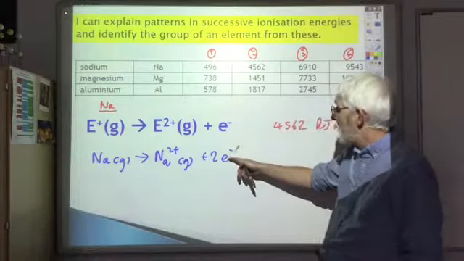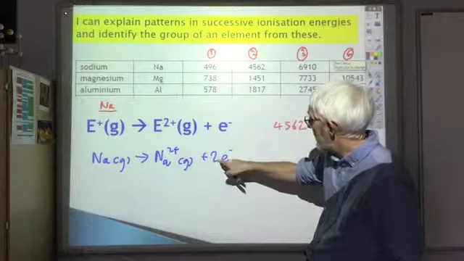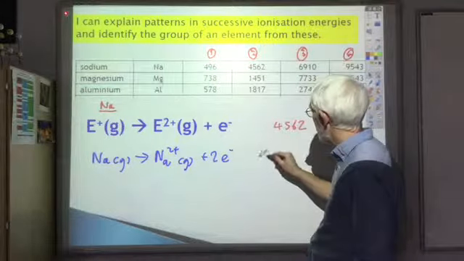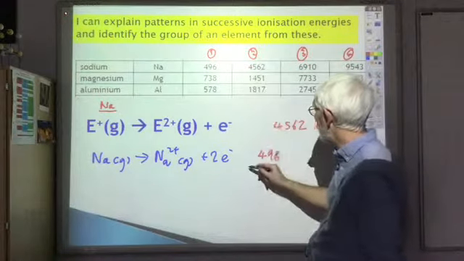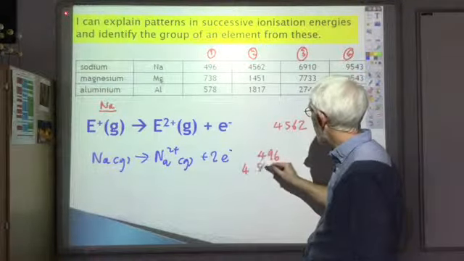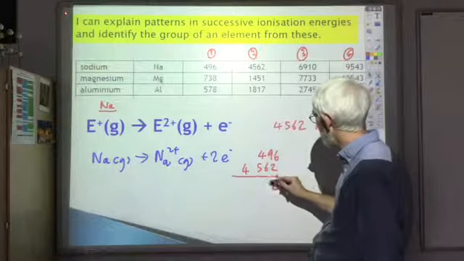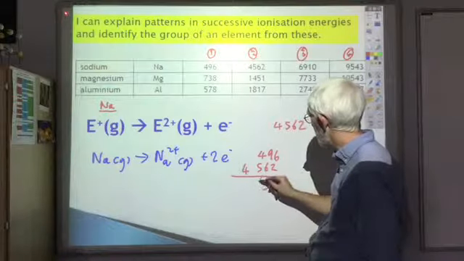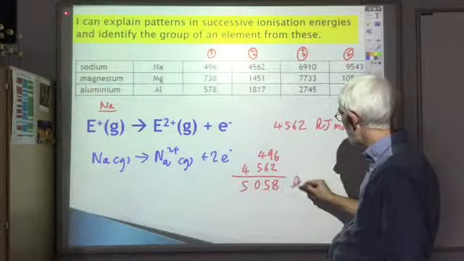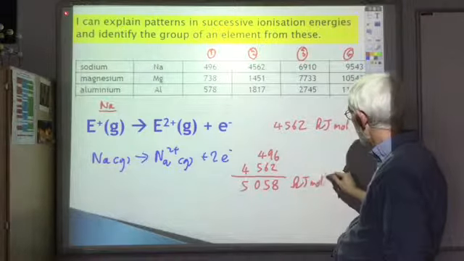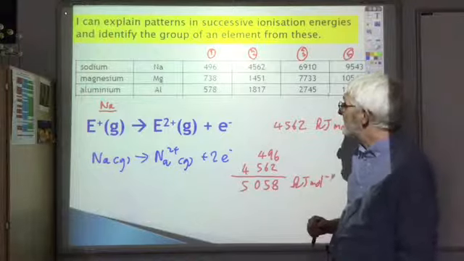So the energy required to do that would be the energy required to remove the first electron, which is 496, plus the energy required to remove the second electron, which is 4562. So the energy required would be 5,058 kilojoules per mole to remove the first and second electron from a sodium atom.